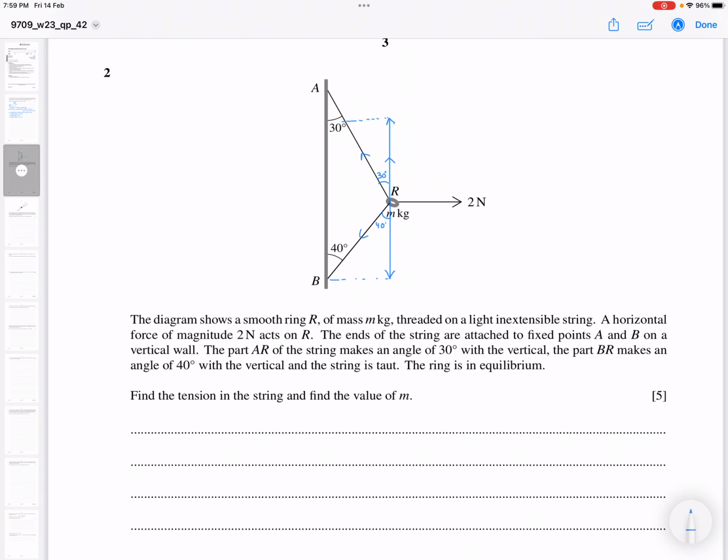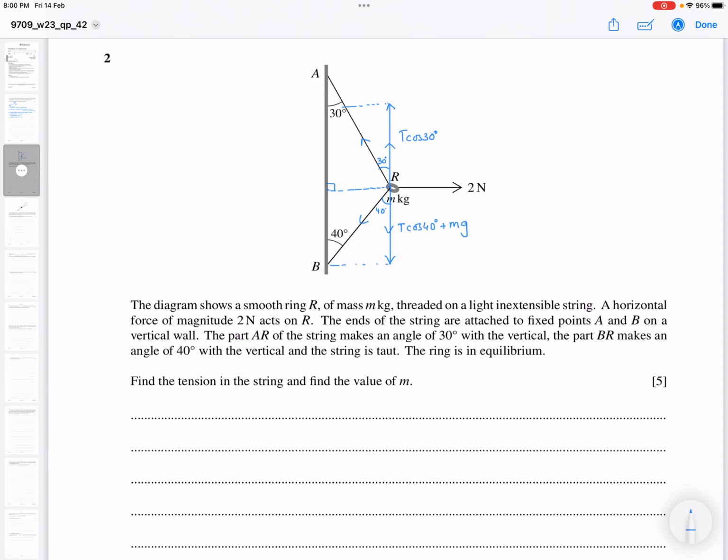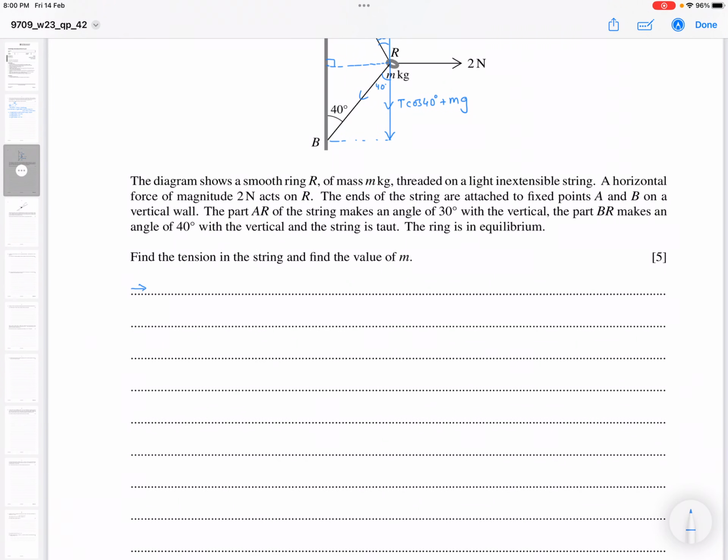So upward it would be T cos 30. This is 90 here, and downward it would be T cos 40 plus mg, the weight. So if we start solving the forces horizontally, I can say that T sin 30 plus T sin 40 would be equal to 2, that is 2 Newton.